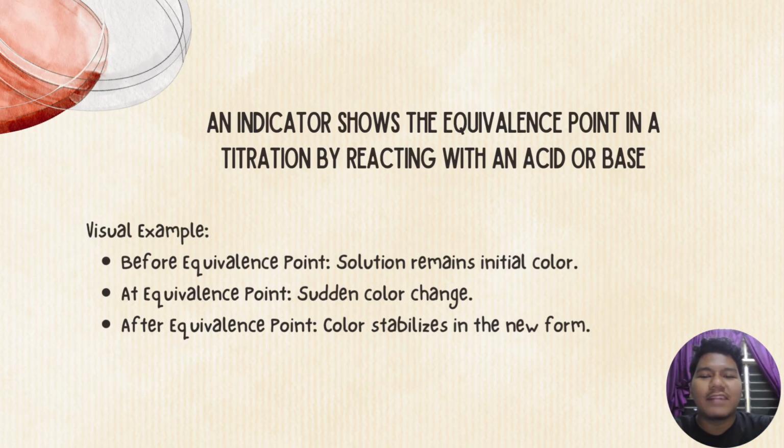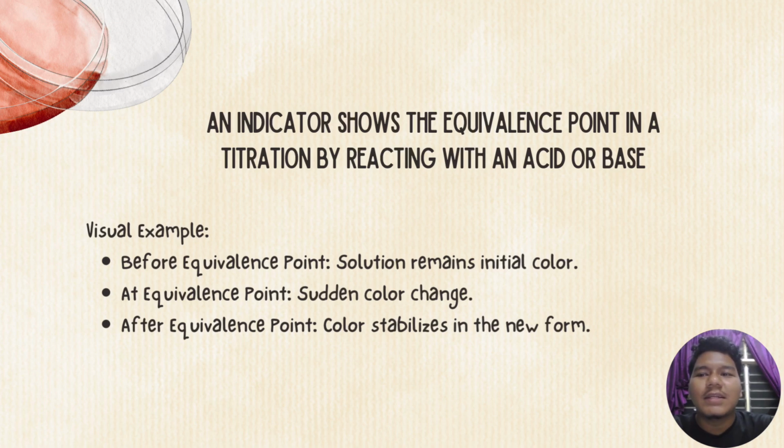So, for the last part of how an indicator shows the equivalence point in a titration by reacting with an acid or base is the visual example. First, before the equivalence point, the solution remains its initial color. It is because of the absence of an indicator or the intrinsic color of one of the reactants. Second is at the equivalence point. The color suddenly changes.